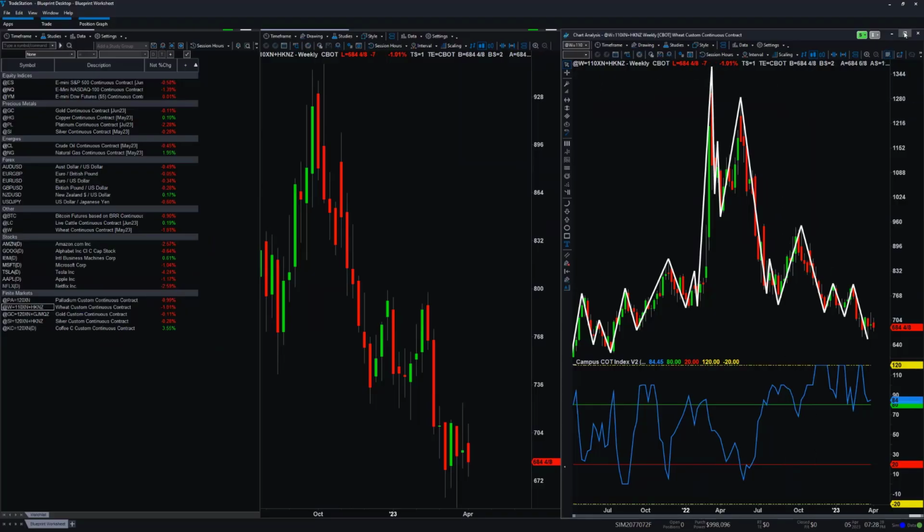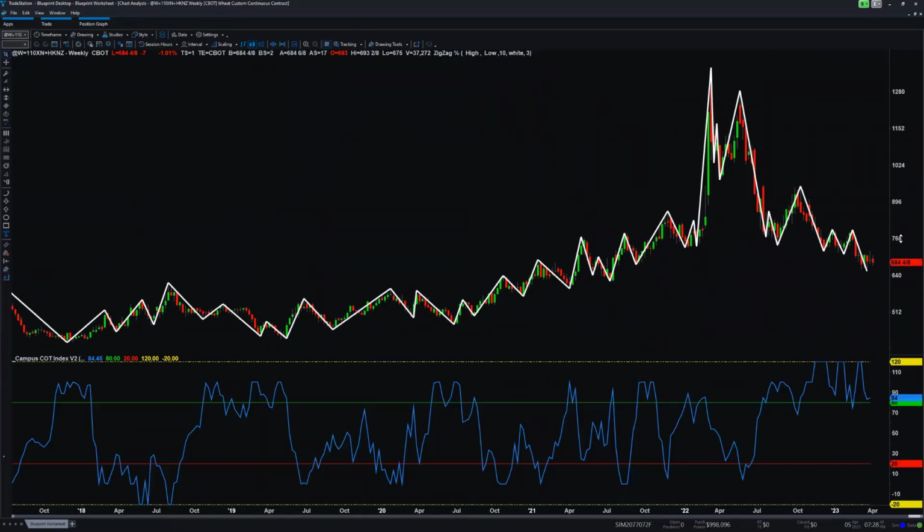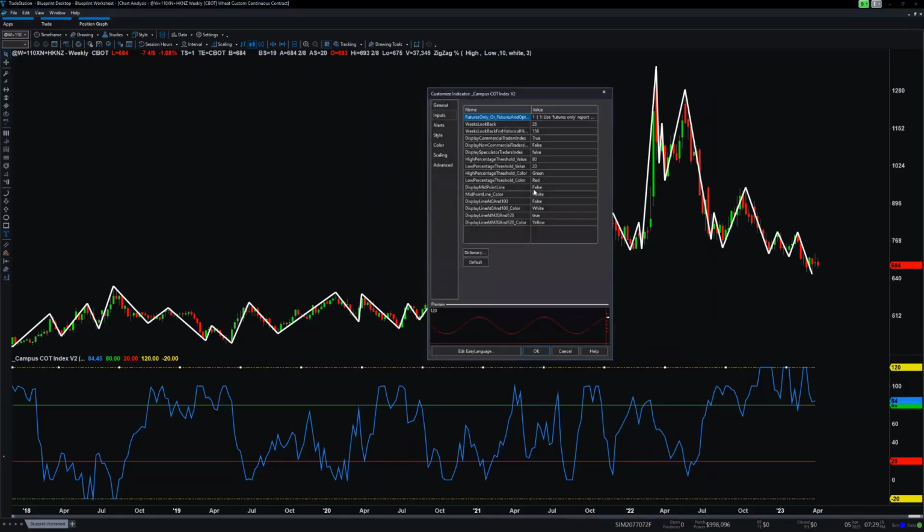This is our wheat chart, right? Our wheat chart is what we talked about extensively the last time. Commercials we can see, right? And we talked about them extensively. We don't have to talk about them again. However, what we now can do is I can just double click on this indicator and I can see the speculators right here. And the speculators, I can just turn them on or I can turn them off.